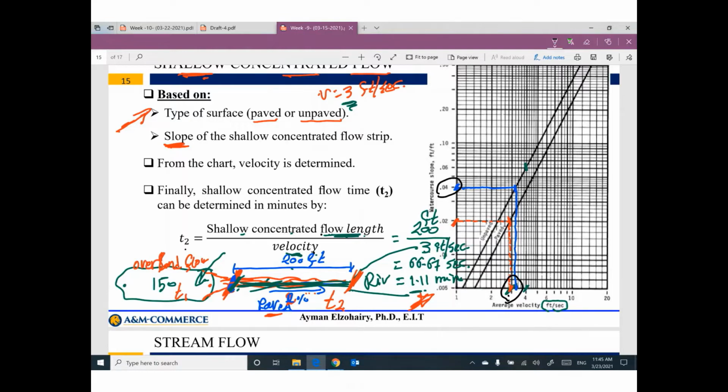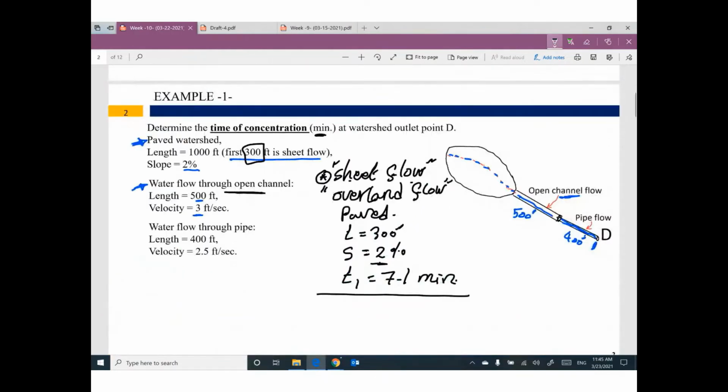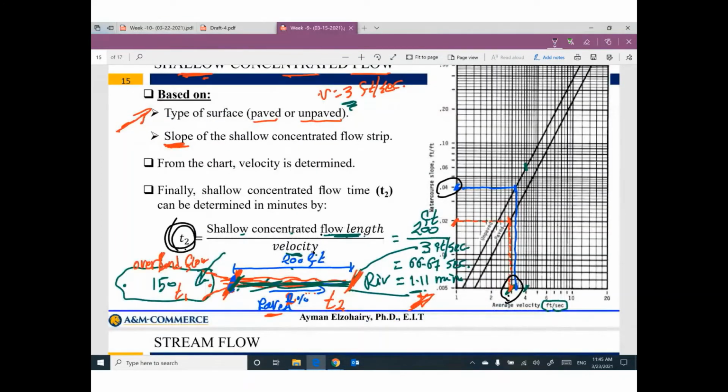I will not use all of this stuff, because you are lucky. In this problem, velocity is given as 3 feet per second. Length equals 500 feet. So you can go ahead and find T2 directly. We don't need to use any chart.